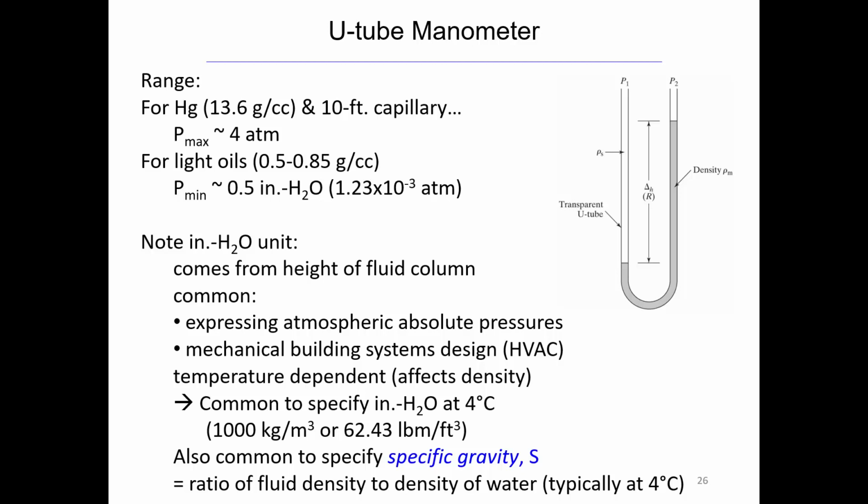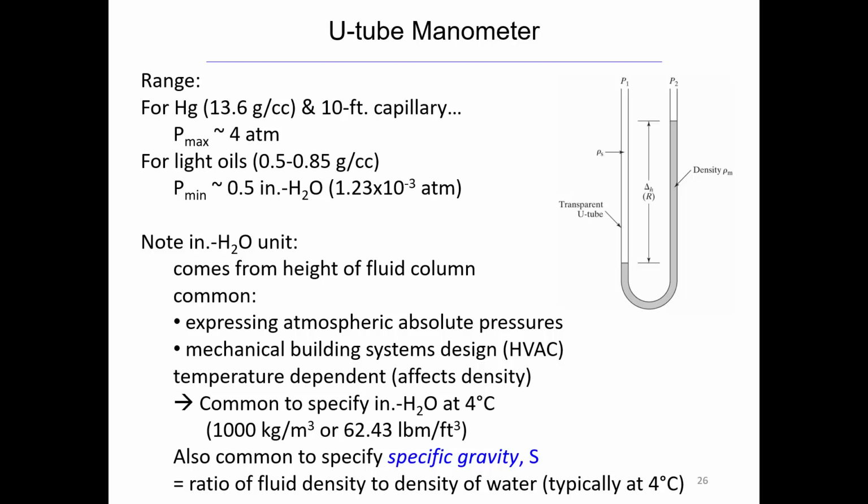If we were going more for sensitivity, we'd want to have a lighter fluid in there. For light oil, where it's 0.5 to 0.85 grams per cc, the minimum pressure changes we can measure with this U-tube manometer would be roughly 1/2 inch of water.